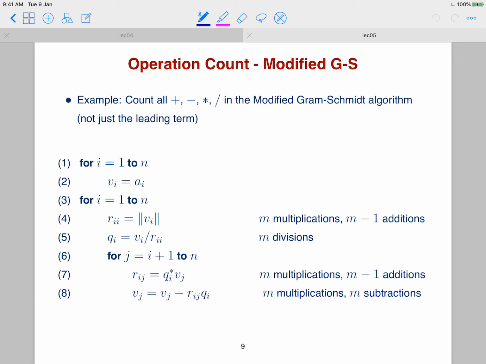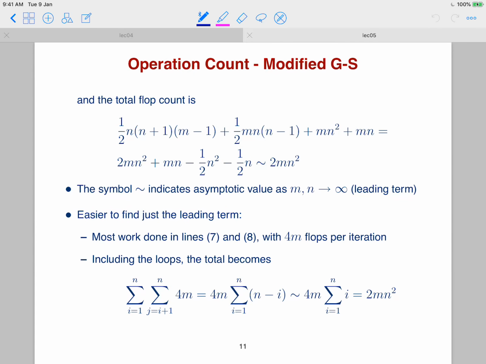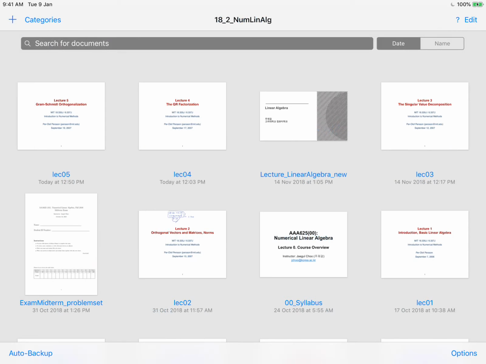Each computational step is counted as one single operation, and the total number of these operations represents the flop count when describing the computational complexity of our algorithm. By following each of our pseudocode, you can easily compute this number of arithmetic operations. So I will just skip this part and move to the next chapter.